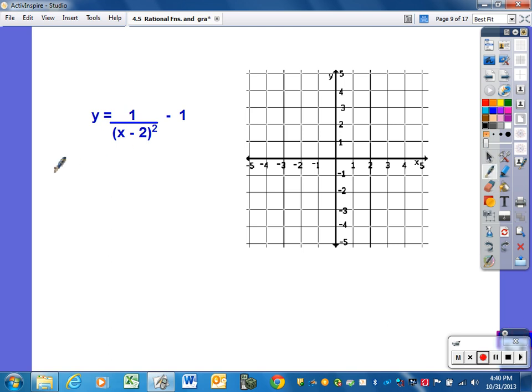So again, my denominator, x minus 2 equals 0, gives me an asymptote. Add 2, x equals 2. So I'm going to draw in my asymptote at x equals 2. Y shifted down 1. Y equals negative 1.